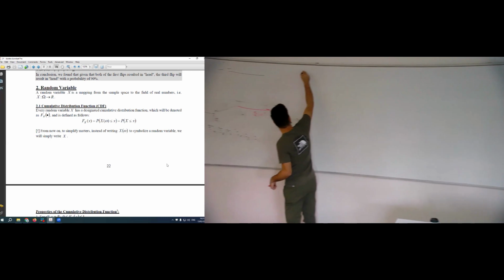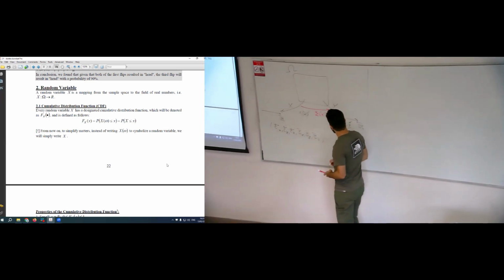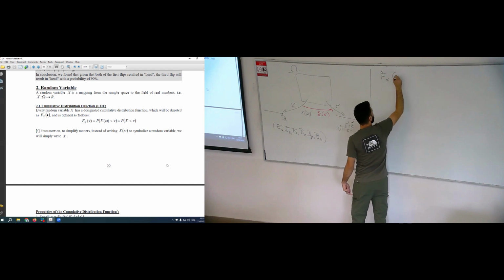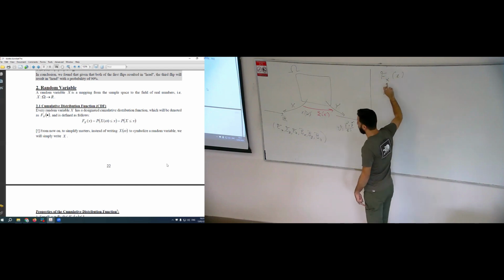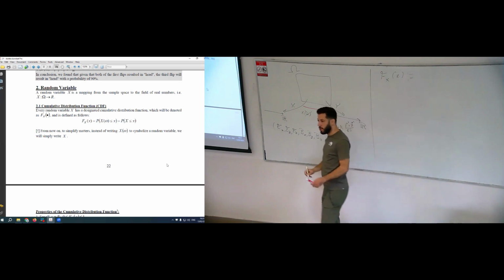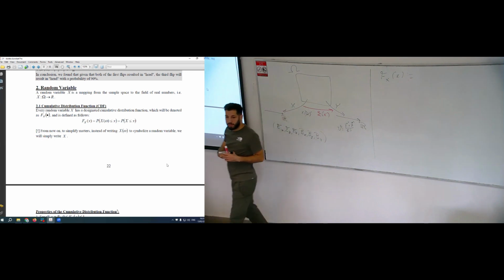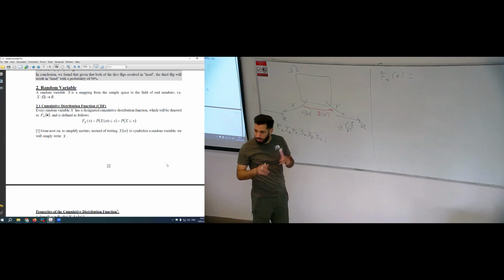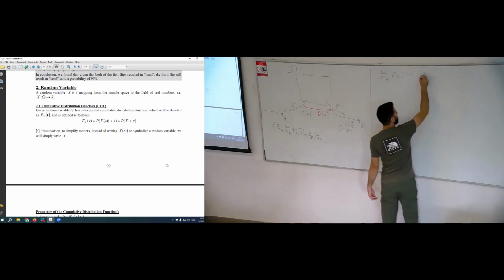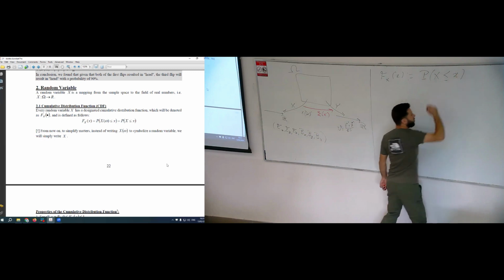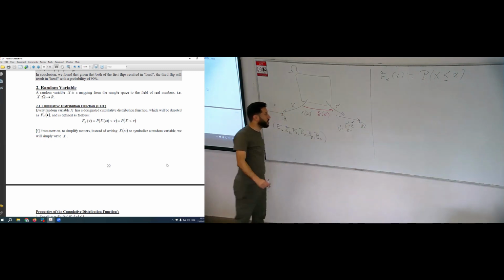Questions? Okay. So we define the cumulative function of the random variable x at a point x to be what? P of x. Yes, we don't define it as the integral. We define it as the probability of x being smaller than or not bigger than.